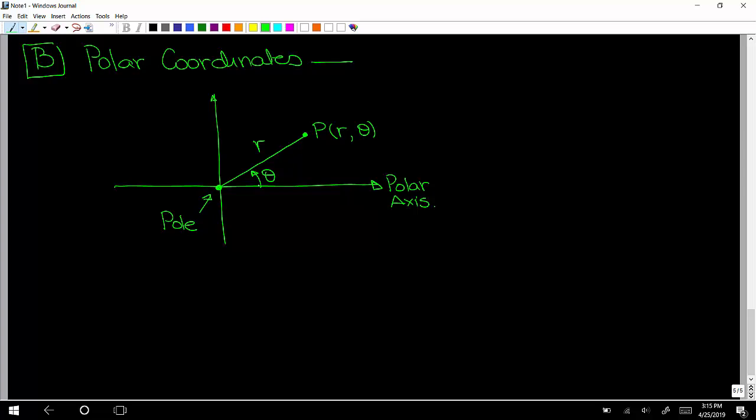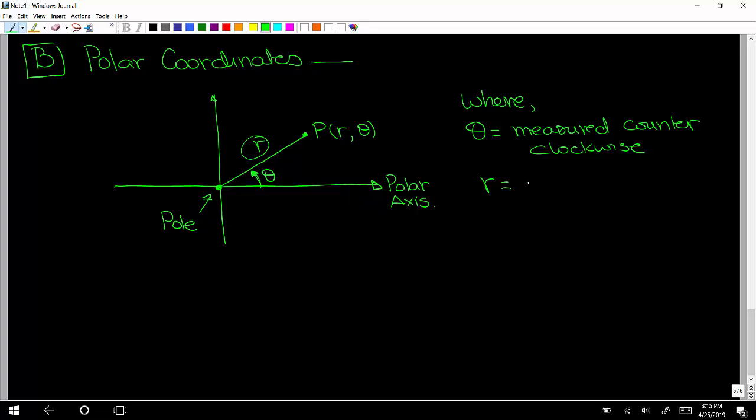Okay, the best way to graph something is to measure the angle first and then diagonally go whatever the length r is. Out here we can say where theta is measured counterclockwise, and r is a directed distance.